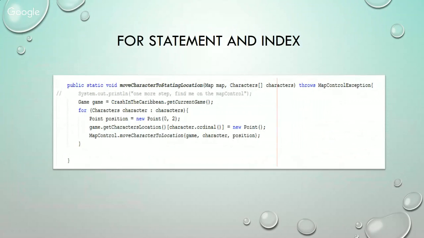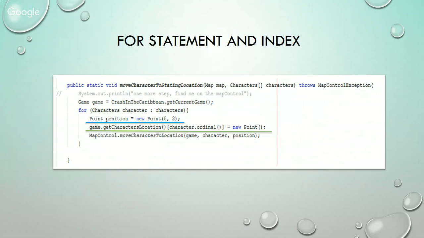And now, I'm going to talk about the for statement. This for statement goes through the characters array. This first line creates a new position for the character.